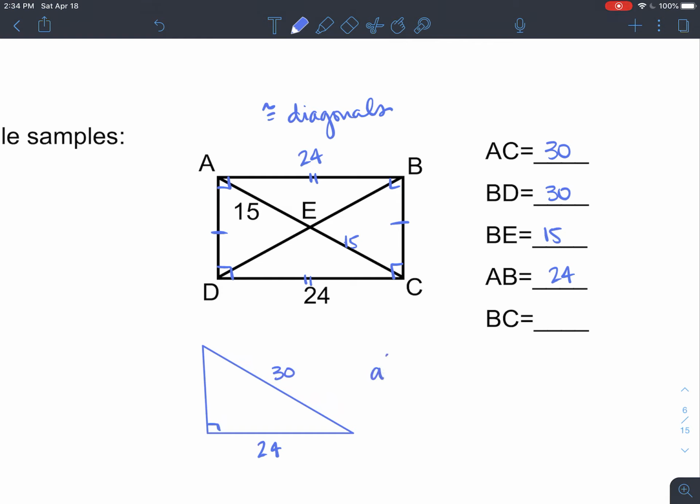So if I do a squared plus 24 squared equals 30 squared, and I go ahead and work all of that out, 30 squared minus 24 squared, that is an a squared equal to 324. And if I take the square root of that, I end up with 18.